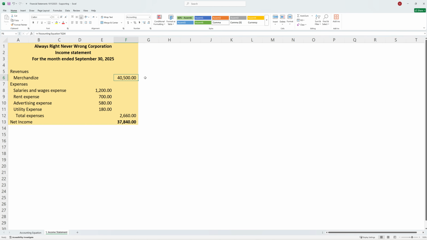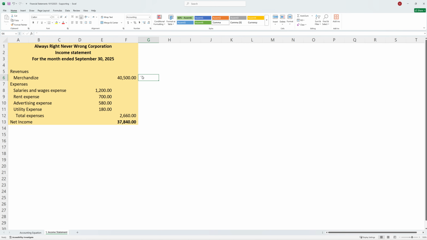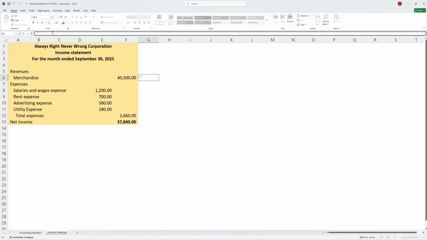If you have some basic skills, you can choose to type it, or you can say equals this $40,000. I don't know why it's not working.